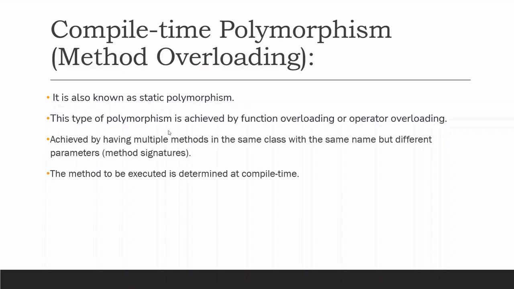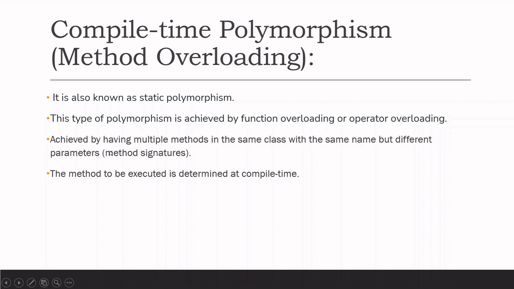This type of polymorphism is achieved by function overloading or operator overloading. So in both ways we can achieve it: first function overloading, and second operator overloading. It is achieved by having multiple methods in the same class with the same name but different parameters.